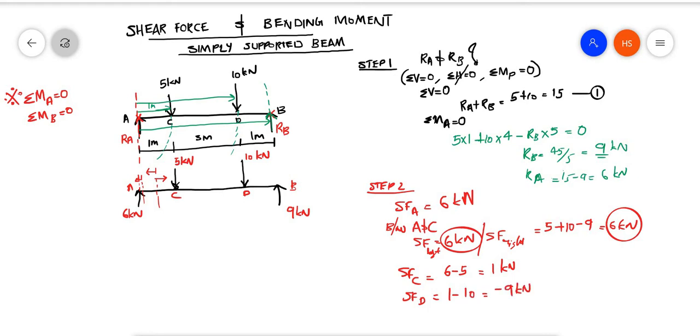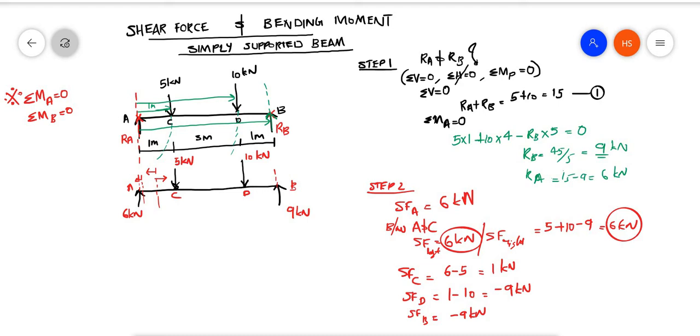That is the shear force at D. And when we come to the shear force at B, it is again minus 9 only, because just understand, here only one load is there, that is minus 9.